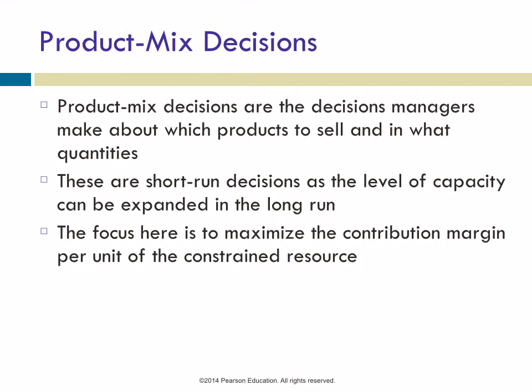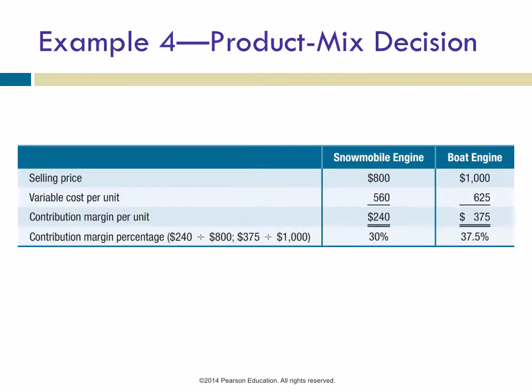You don't have any excess capacity, and so now you have to make a decision: what product mix, or how much should I make of each product, in order to maximize my contribution margin, and eventually my income for whatever organization I'm working with. So here's an example of that.